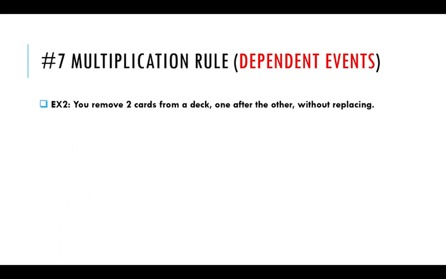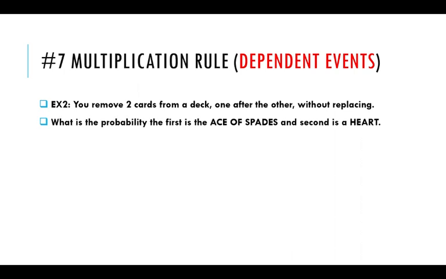All right, so let's use this multiplication rule. Let's say that we remove 2 cards from a deck, one after the other without replacement. We understand why I'm saying without replacement, because now I've created dependent events. We want to know the probability that the first card is the ace of spades and the second is a heart.